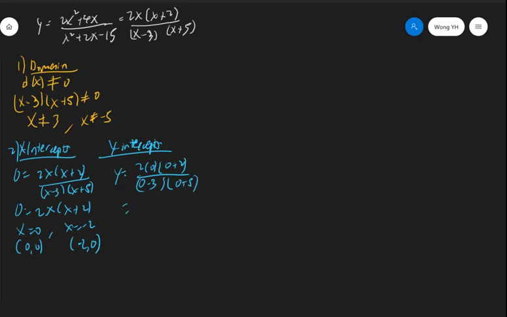On top is 0, and we divide by negative 15 below, so we get 0. So we get (0, 0). Okay, so we will put the graph here. So we have 0, we have minus 2. That's it, right? 0 and minus 2.